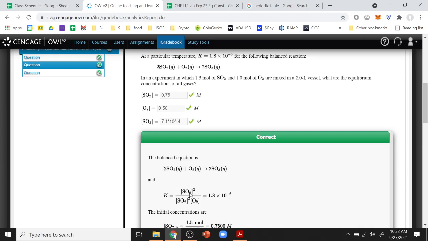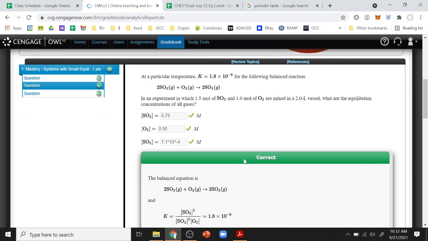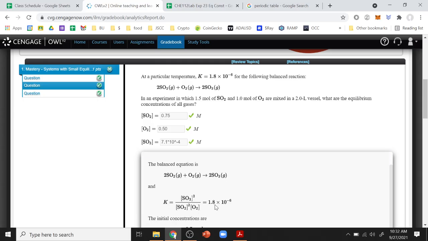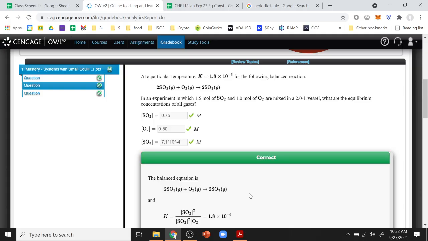Okay, so again, that's the product SO3 to the second power divided by SO2 to the second power, where the coefficient is 2, and O2 to the first power in this case. Everybody's good with that, right? Notice that nothing's a pure liquid or pure solid. We don't have to worry about that.